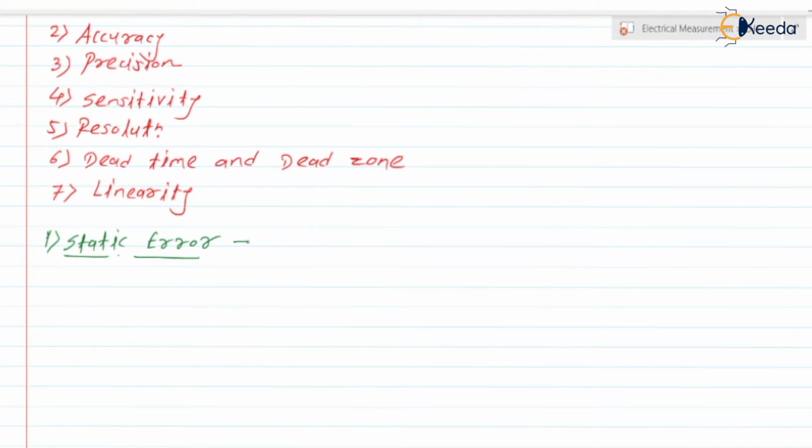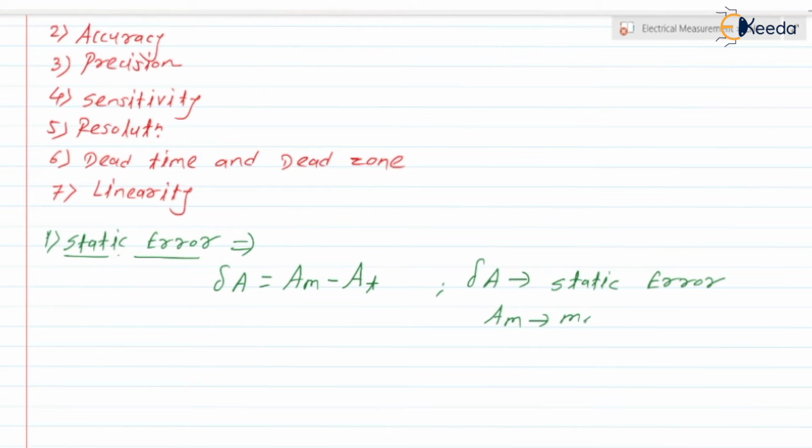It is indicated with delta A. Delta A, the static error, is equal to measured value minus true value, where delta A is the static error, AM is the measured value, and AT is the true value.